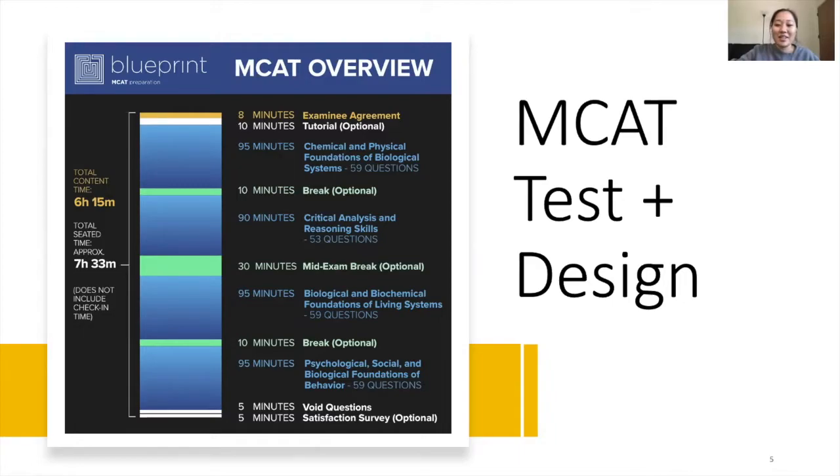You can see that each section has 53 or 59 questions each, with 10-minute and 30-minute breaks in between. And each section is also 90 to 95 minutes. We'll go over the individual sections more in the next slide.